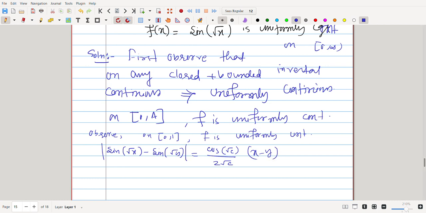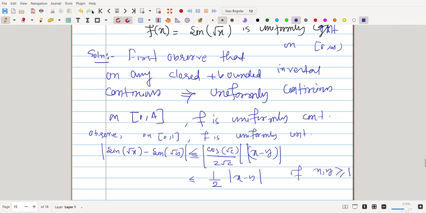So by taking modulus, this becomes 1 by 2 times |x minus y| if x, y both greater or equal to 1, right? So on the closed interval 0 comma 1, f is already uniformly continuous, and |sin root x minus sin root y| is less than or equal to half times |x minus y| if x, y are greater or equal to 1.